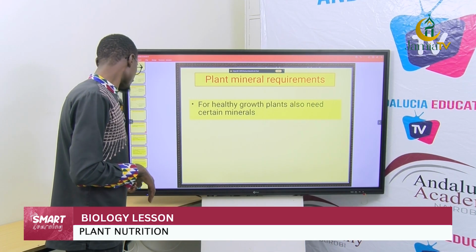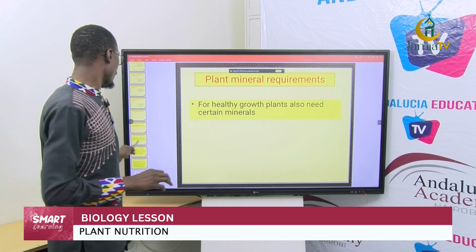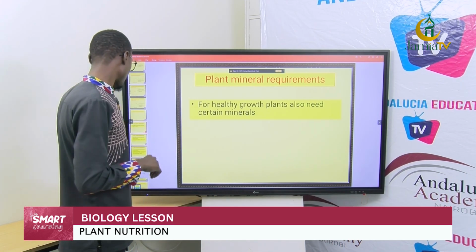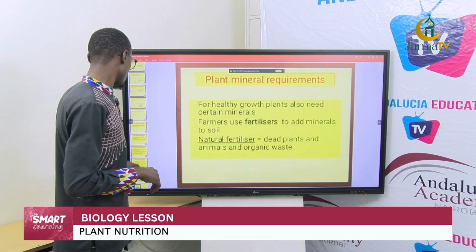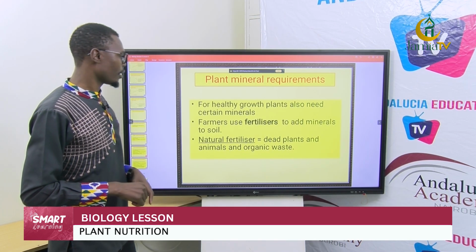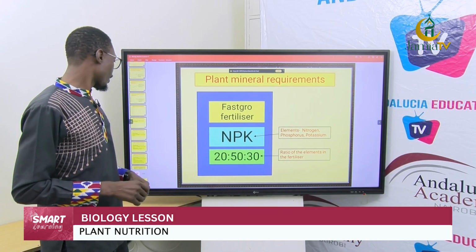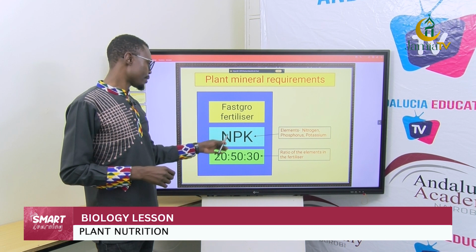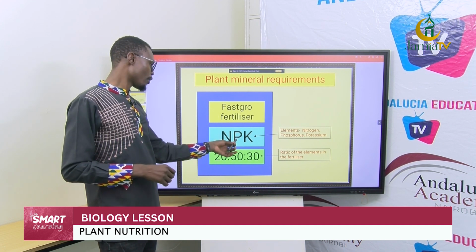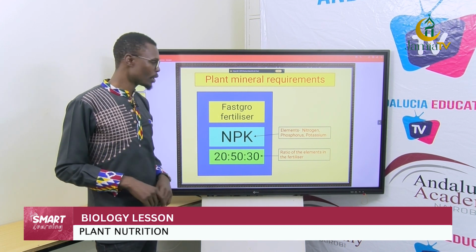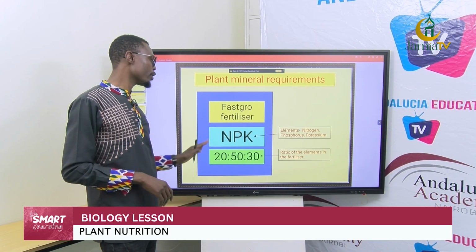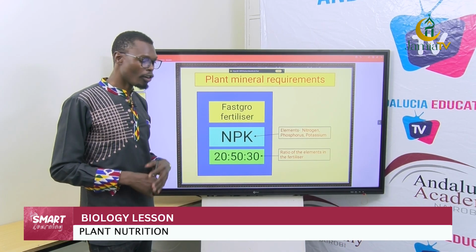I've said fertilizers are manufactured in industry. What do they use? They will use these elements, that is nitrogen, phosphorus, potassium. So these are the elements that are used in the manufacture of fertilizer.